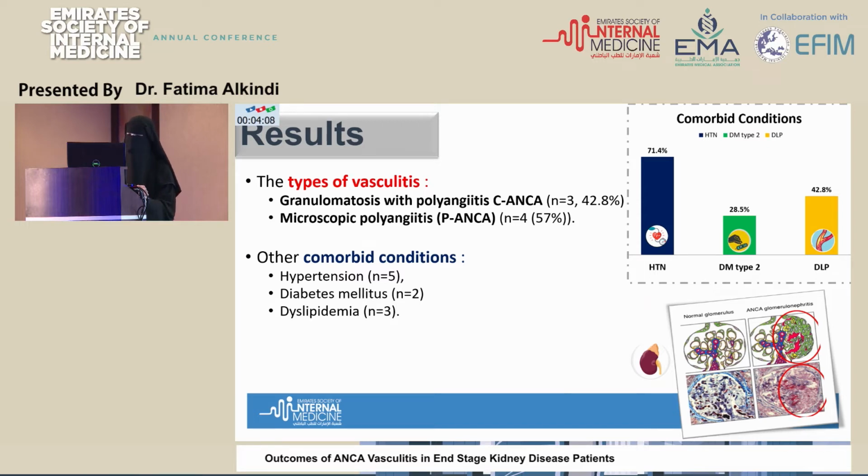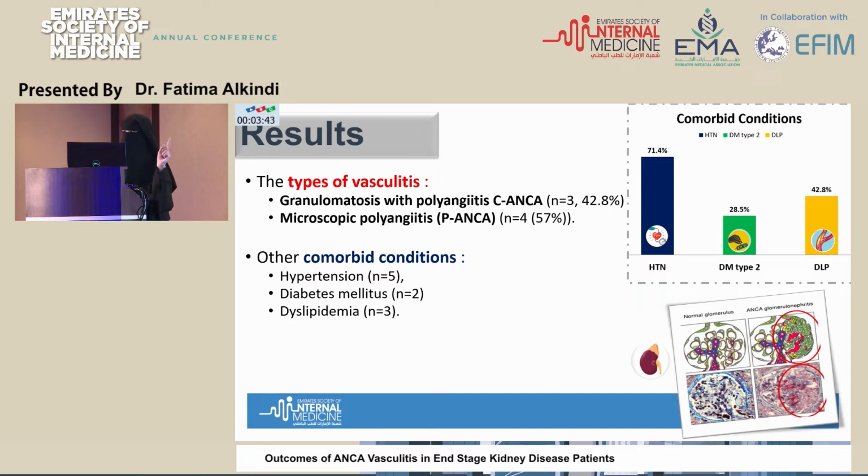Microscopic polyangiitis was found in 57% of the patients, while the remainder, around 42%, had the other type. In terms of comorbid conditions prior to vasculitis, a majority had hypertension, followed by dyslipidemia and then diabetes.